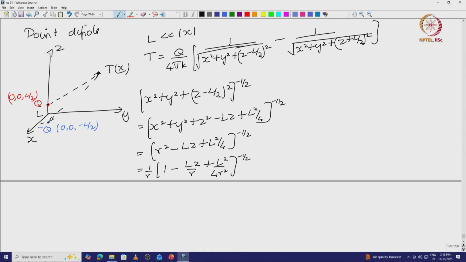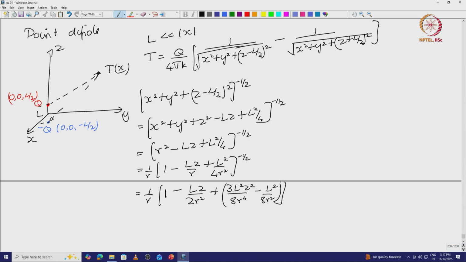And you can use the binomial expansion to simplify this term. So, this just becomes equal to 1 over r into 1 minus Lz by 2 r square plus 3 L square z square by 8 r power 4 minus L square by 8 r square.